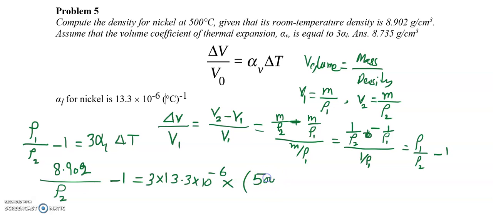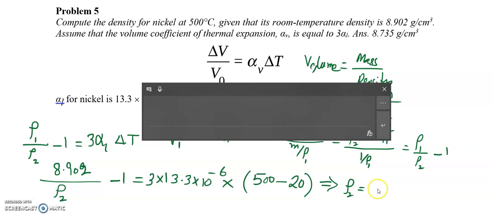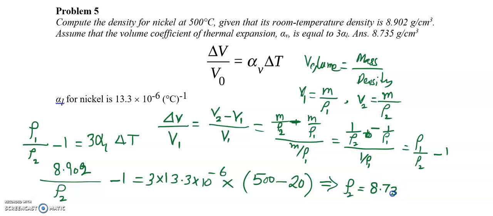Final temperature is 500 degrees centigrade, and the room temperature is normally not given, but we can take it as 20 degrees centigrade. So from here we can solve it for rho 2. Once I use the calculator and solve it, the value will be 8.735 grams per cubic centimeter.